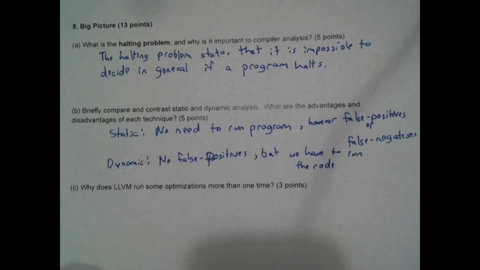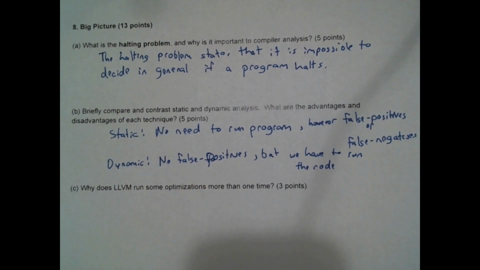Otherwise, generally with dynamic we have more complete information because we know memory addresses and things that exist at runtime, whereas statically we might be guessing at some of that. Keep in mind that static means the stuff that we did with Clang, where we're looking at an AST, or looking at things before we run the code, and dynamic means that we're actually running that code with some sort of hooks that we've inserted with LLVM.